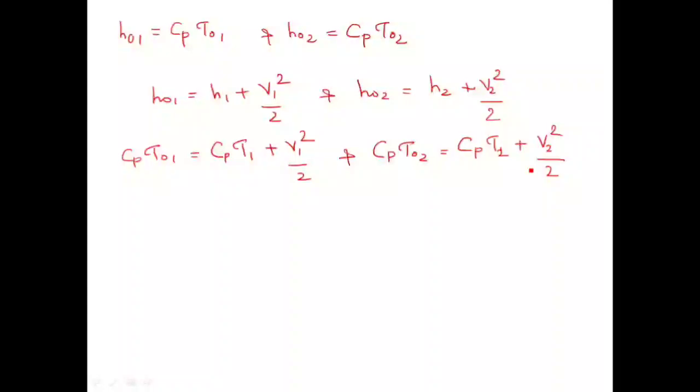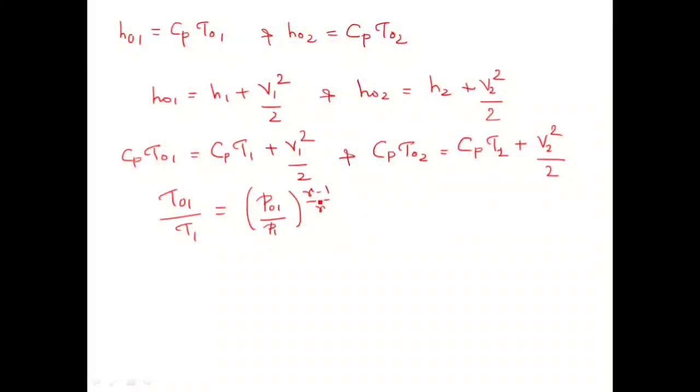Next, the stagnation temperatures T01 and T02 can be expressed for the isentropic compression process. We are taking the relationship T01 by T1 is equal to P01 by P1 all raised to gamma minus 1 by gamma.